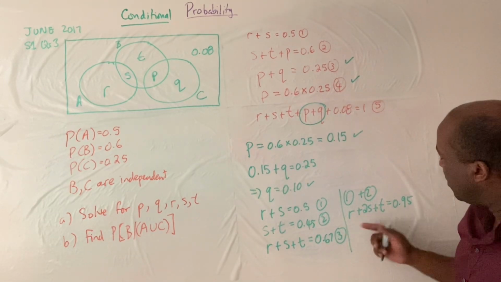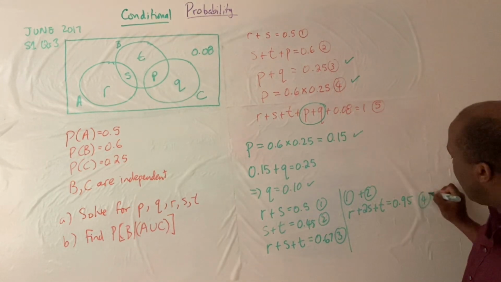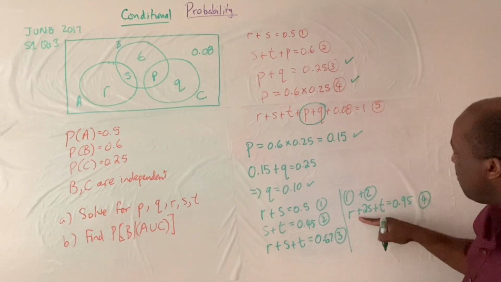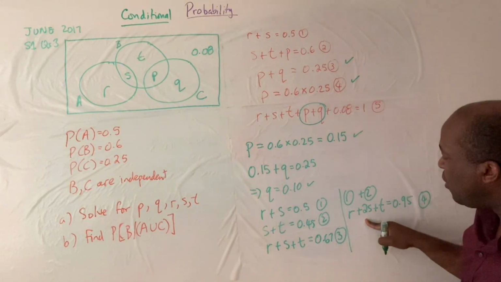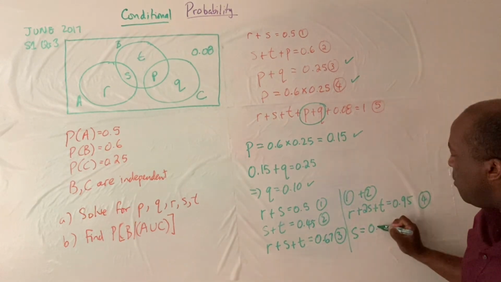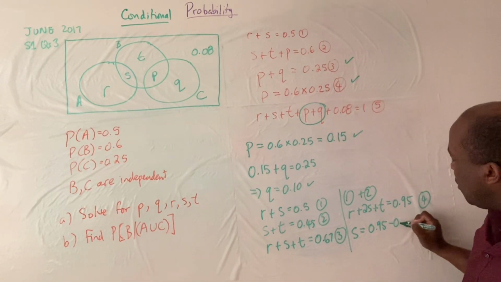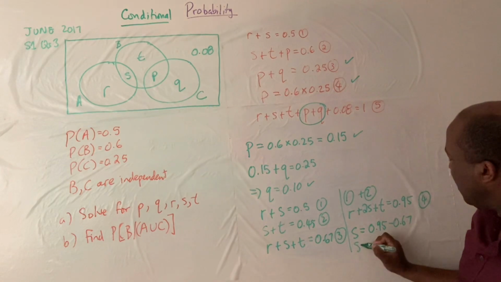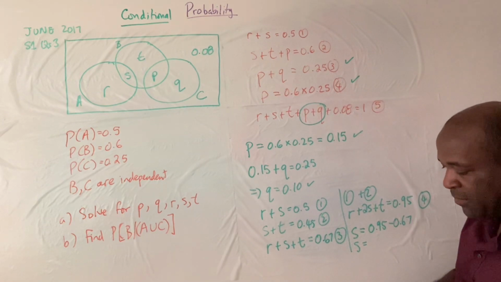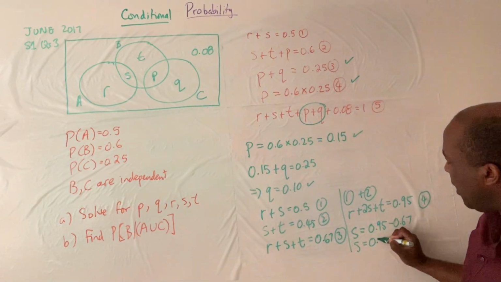That means that if I were to subtract, and let's call that 4, if I were to subtract equation 3 from equation 4, I'm going to be left with S. So S is going to be 0.95 minus 0.67, that gives me 0.28.